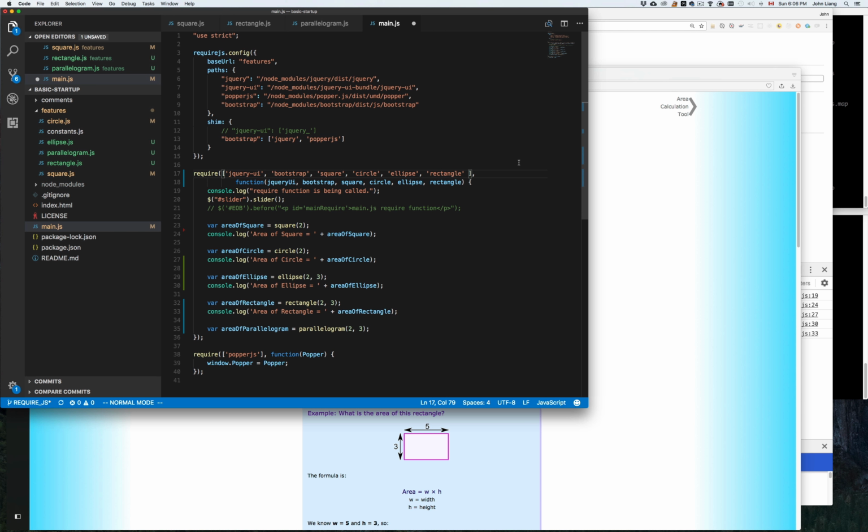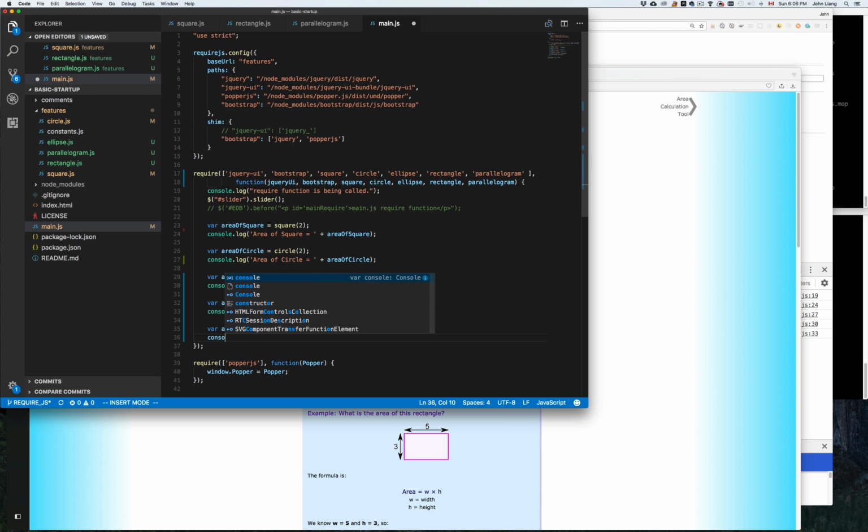At this point, let's load in the module. Okay. Let's display that on the screen.